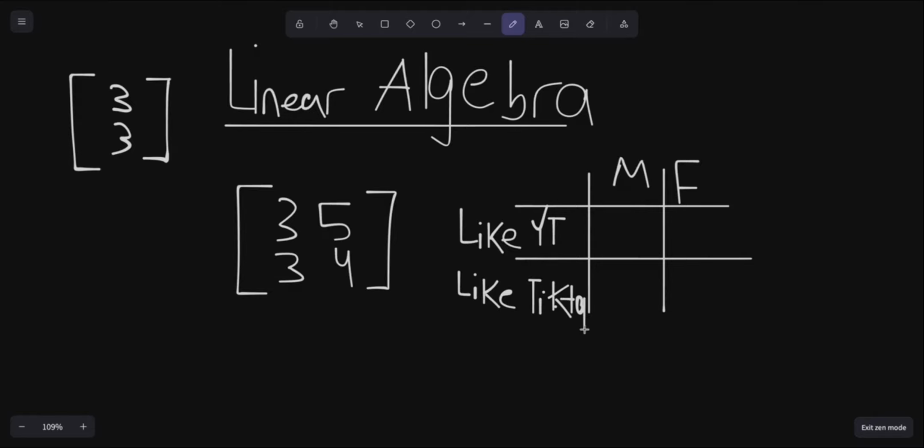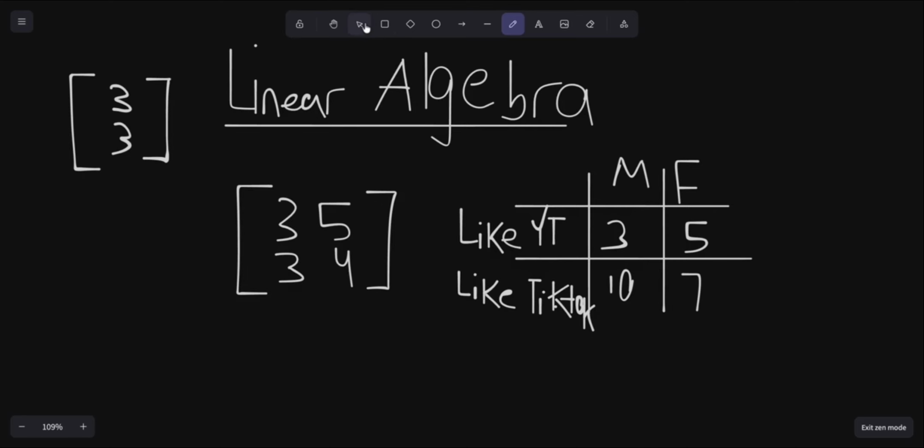Let's say I set up a little survey at my school to find out how many males and females like YouTube and TikTok respectively. Let's say 3 males like YouTube, 10 males like TikTok, 5 females like YouTube, and 7 females like TikTok. So you can see how this is represented in a matrix. This can be used for storing information.